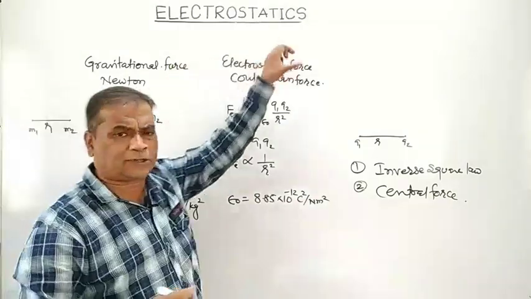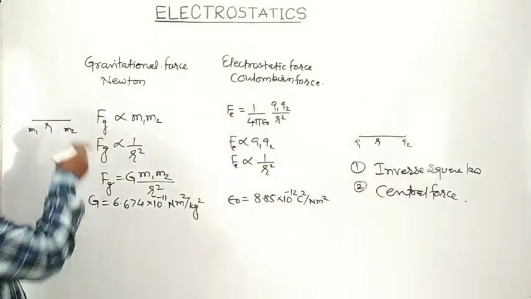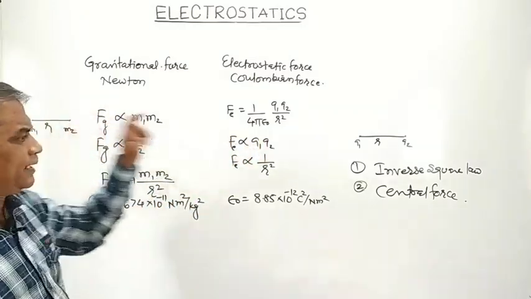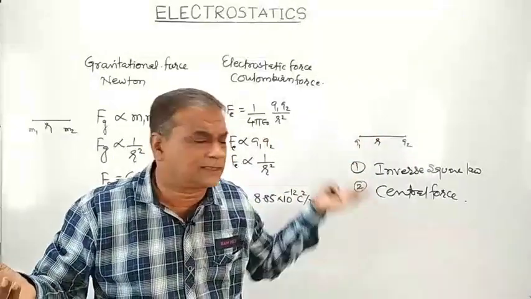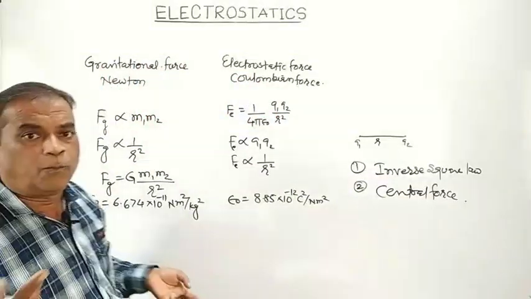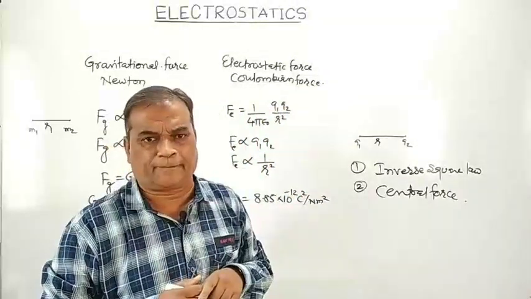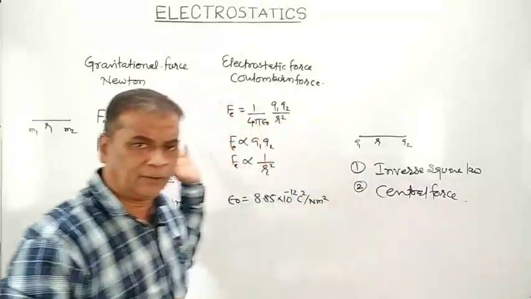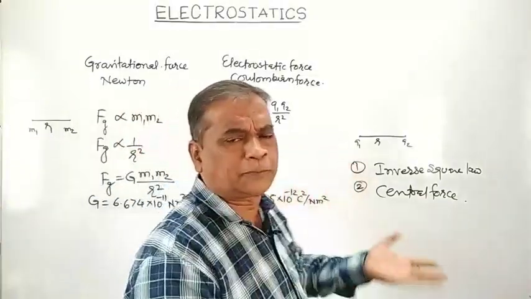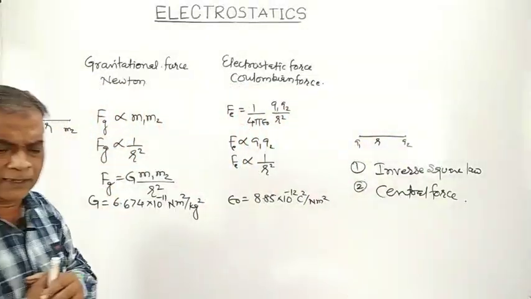Because the electrostatic force of attraction or repulsion between two charges or the gravitational force of attraction between the two particles will act along the line joining the given two particles or the given two charges, that's why you can say Coulombian force or electrostatic force and gravitational force are both central forces. So there are two similarities: both obey inverse square law, and both forces are central forces, because the force acts along the line joining either two charges or two particles.